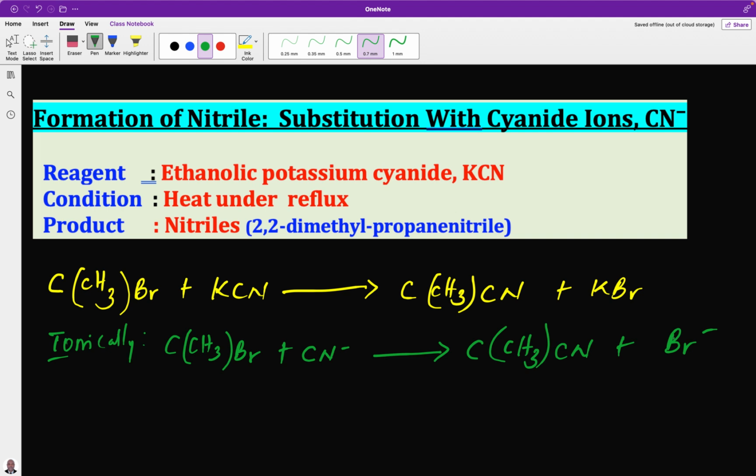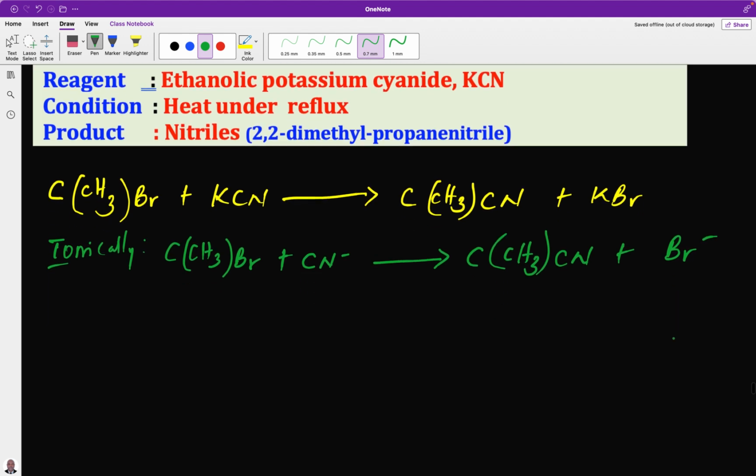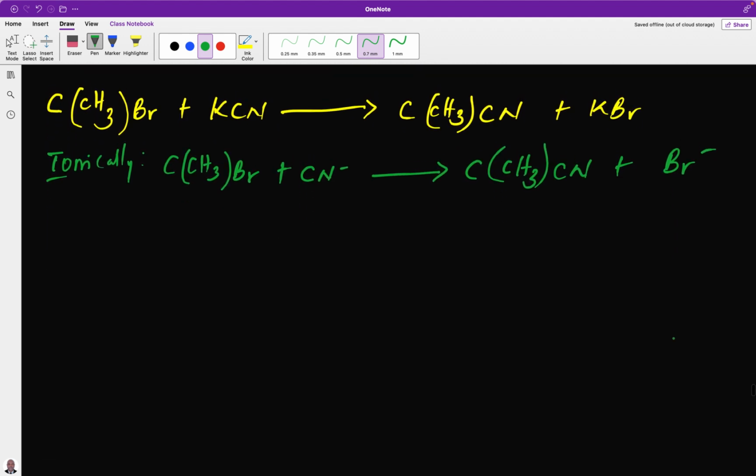So now, I want us to still write it the way we did the other one. 2-bromo-2-methyl propane. Step 1.